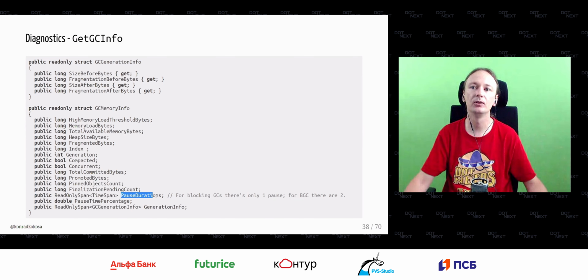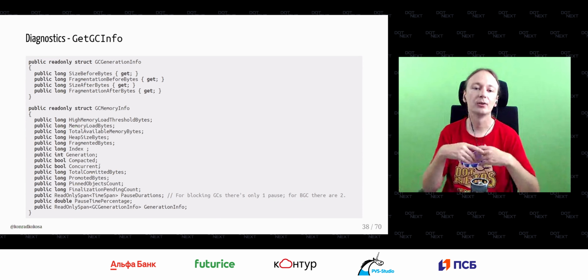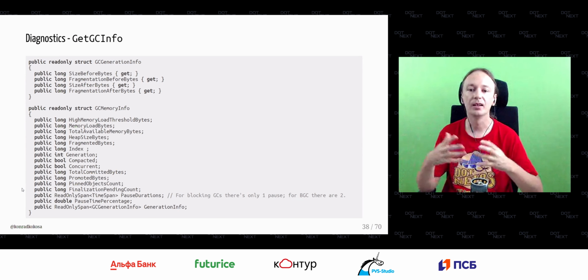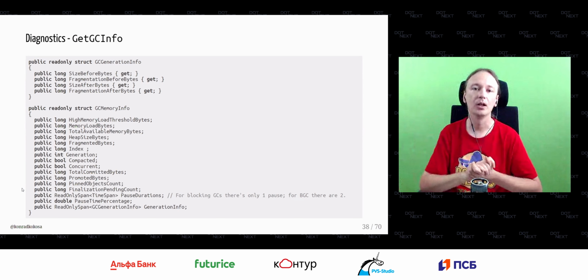Also the pause introduced by the particular generations, that's very interesting information. Some statistical data, and also maybe more diagnostic data, like whether it was a compacting or concurrent GC. So now you have a very nice API exposed to track information about the previous GC, so you can utilize it and emit it, for example, again to a diagnostic monitoring tool.